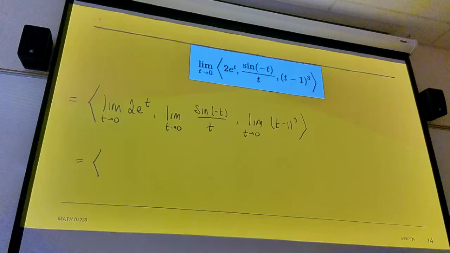How'd you get it? Anything to the zero power is 1, 2 times 1 is 2. Where's there a zero power? Because you substitute 0 for t. Why? Because that's what the limit is to. But why? It is, but why are you allowed to do that? Define that. Okay, it exists. So what does that mean?